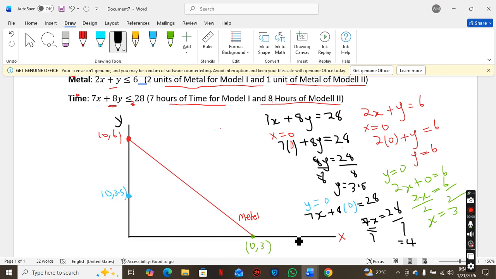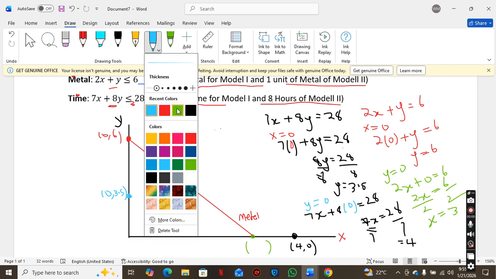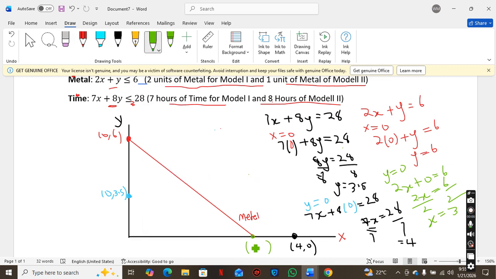So we get our new point here and say, when y equals 0, x equals 4. So we draw the line.